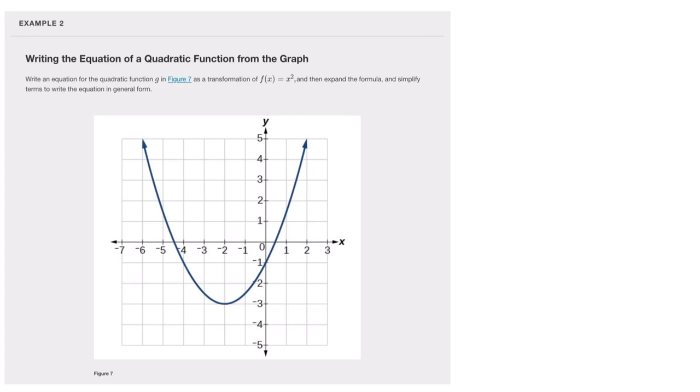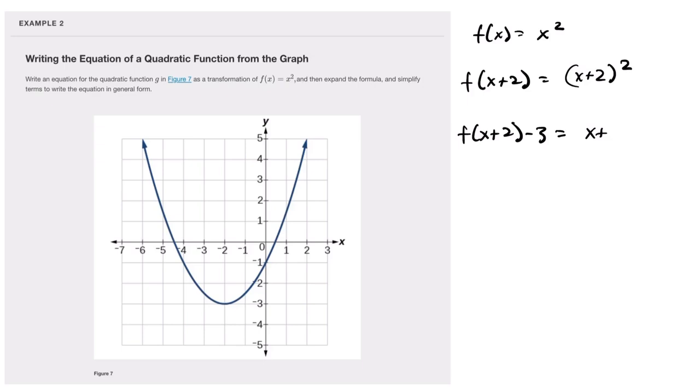So if our parent function is f of x equals x squared, to capture going left by 2, we add 2 on the inside, so f of x plus 2. That's going to be (x plus 2) squared. And then to go down by 3, we subtract 3 on the outside. So we have (x plus 2) squared minus 3.